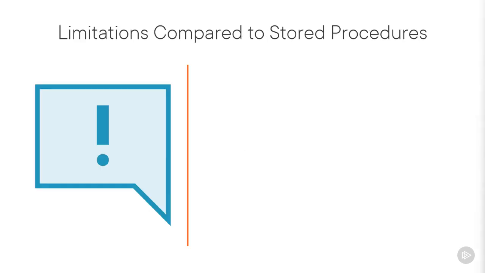In many ways, user-defined functions are similar to stored procedures, with the added advantage that you can call a function from inside a SQL query, but there are also certain important limitations to be aware of. Unlike stored procedures, user-defined functions must always return a value, and as mentioned, that value can be either a scalar result such as a number or a string, or another simple value, or it can be a data set fetched from tables in the database.